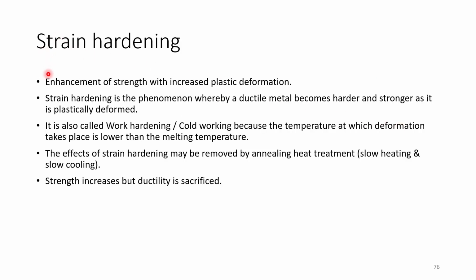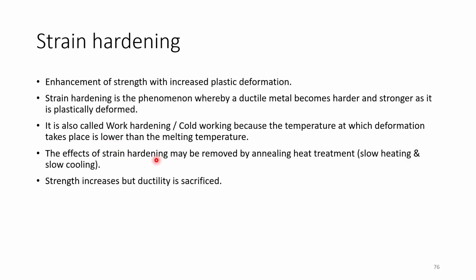Next is strain hardening. This is the enhancement of strength with increased plastic deformation. Strain hardening is the phenomenon whereby a ductile metal becomes harder and stronger as it is plastically deformed, and it is also called work hardening or cold working because the temperature at which deformation takes place is lower than the melting temperature.